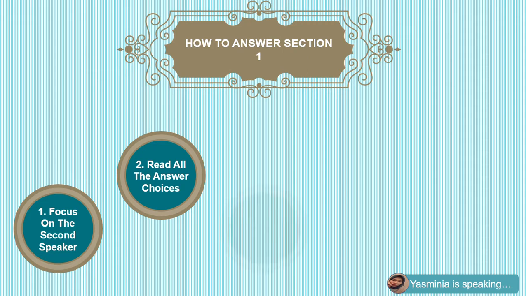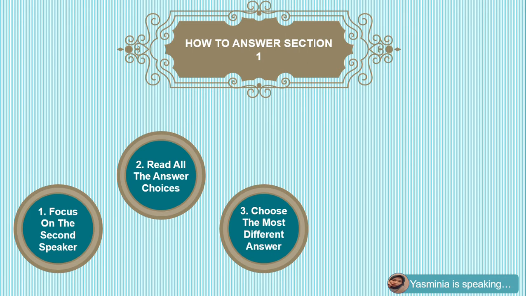Third, if you absolutely cannot understand what the second speaker is saying, choose the answer that is the most different from what you have heard. It is crucial to eliminate answer choices that sound the same as a word we heard in the audio, because this is typically a manipulating answer.